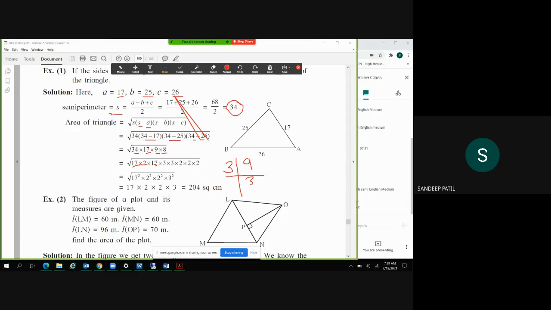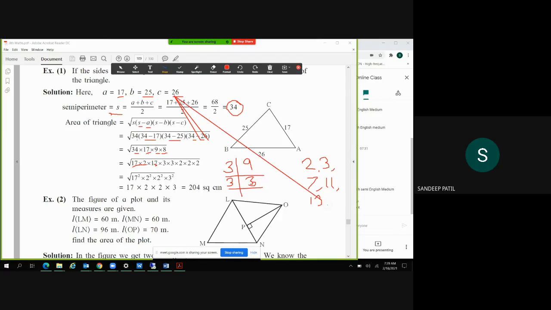I'm not sure how you guys learned about making the factors, but generally we take prime numbers, right? We have to make the factors in terms of prime numbers: 2, 3, 7, 11, 13.